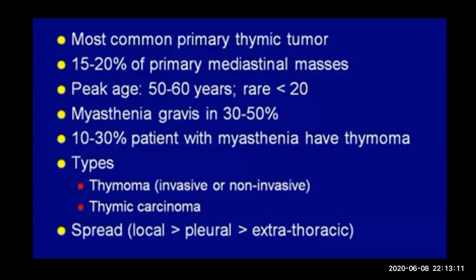We have two types: epithelial thymoma and thymic carcinoma. Thymoma represents about 15 to 20% of primary mediastinal masses, and as we said, the age is between 50 and 60.